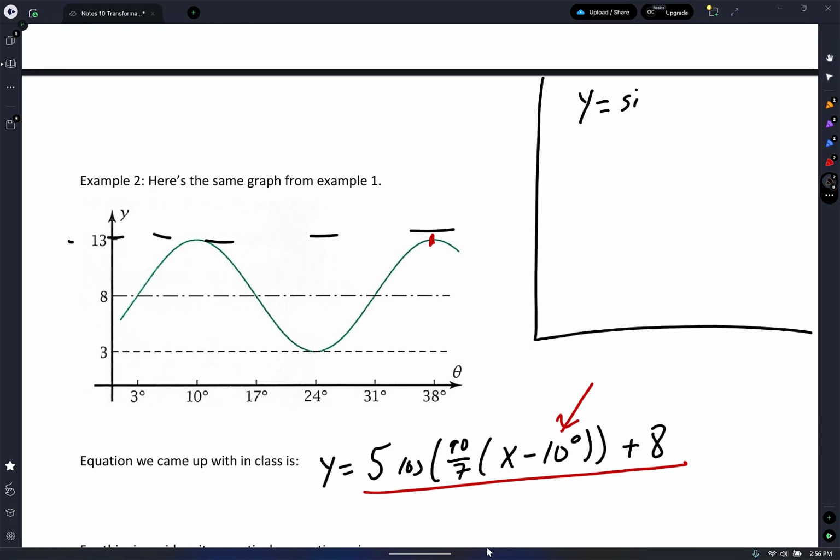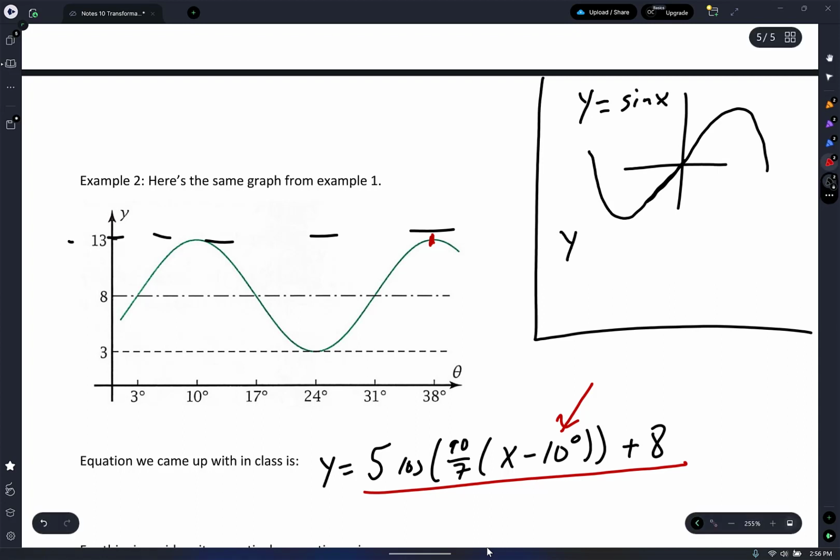Y equals sine x looks like this. And y equals cosine x looks like this.